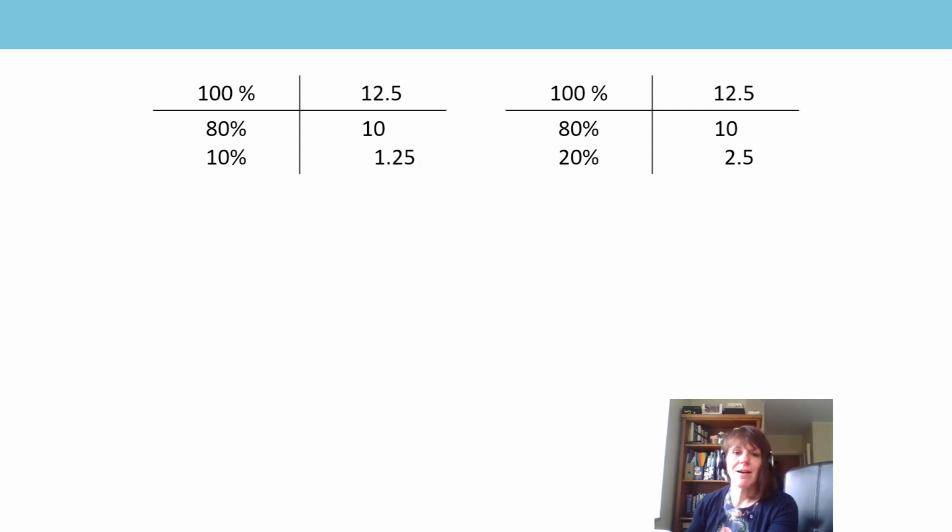And here I had 80% and I divided it by 4, and then once I'd found 20%, well then I could just add these two values together, or I could multiply 2.5 by 5. It doesn't matter which one you used.